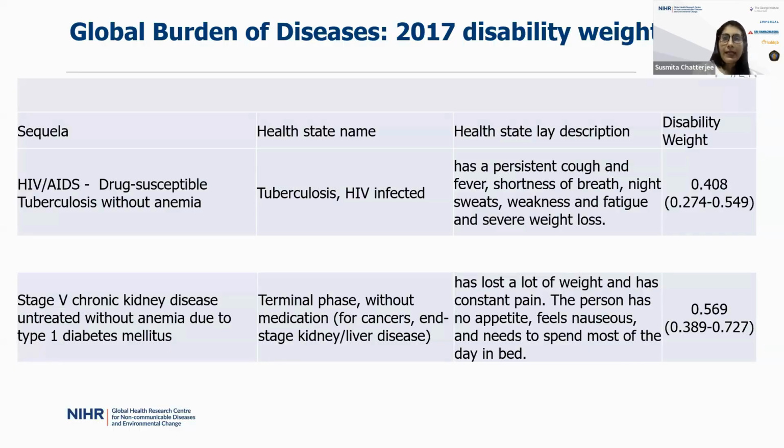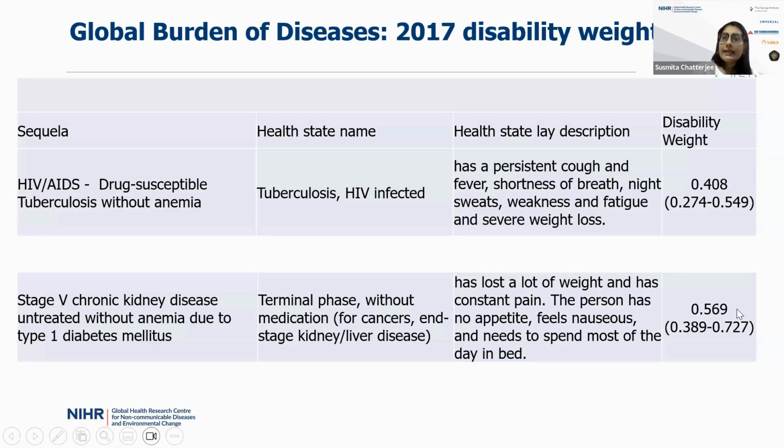So in case of DALY, 0 means good, and towards 1 means very severe condition. You see that TB with HIV is getting a score of 0.408, while untreated chronic kidney disease, like a terminal phase, is getting 0.569.